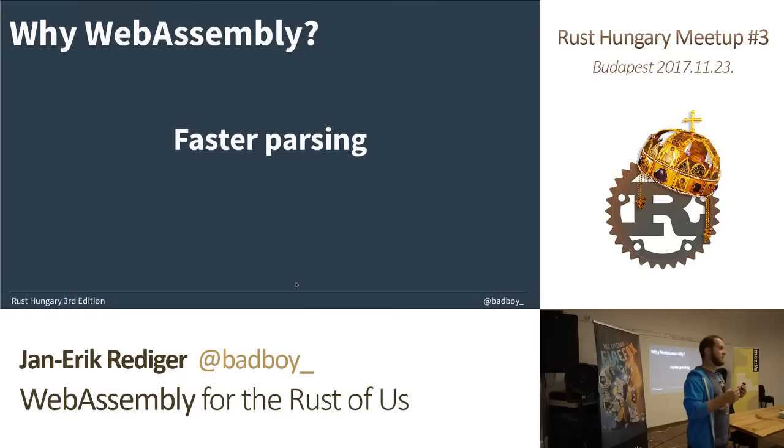And that also makes it a lot faster to parse. Even though JavaScript itself is not that huge of a language, it's still very hard to parse. With WebAssembly, it's a lot easier. Basically, you just need to go through the WebAssembly code once, check that it adheres to the encoding, and then you can compile it.